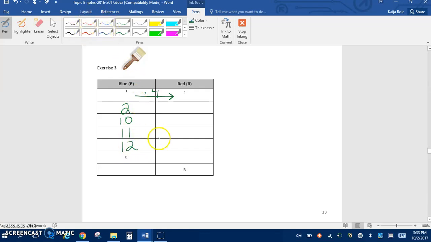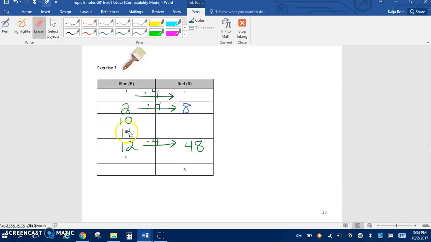If we are multiplying from 2 across, we're multiplying by 4. We know that 4 times 2 is 8. We do the same thing here for 12. We're multiplying by 4 across. And 12 times 4 is 48.